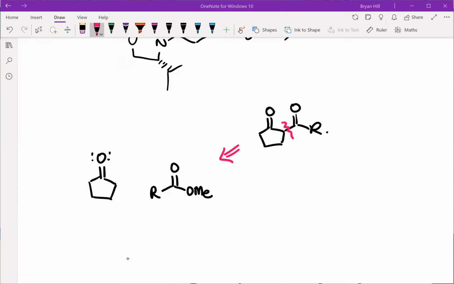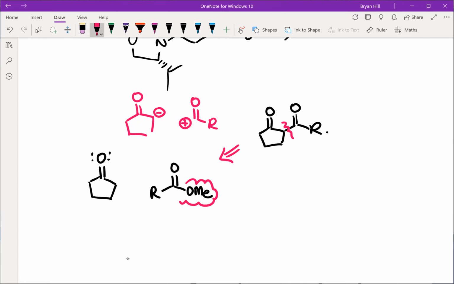If we wanted to idealize these, this is one component, and this is the other component. And so for the electrophile, what we need, which is important, is a leaving group.